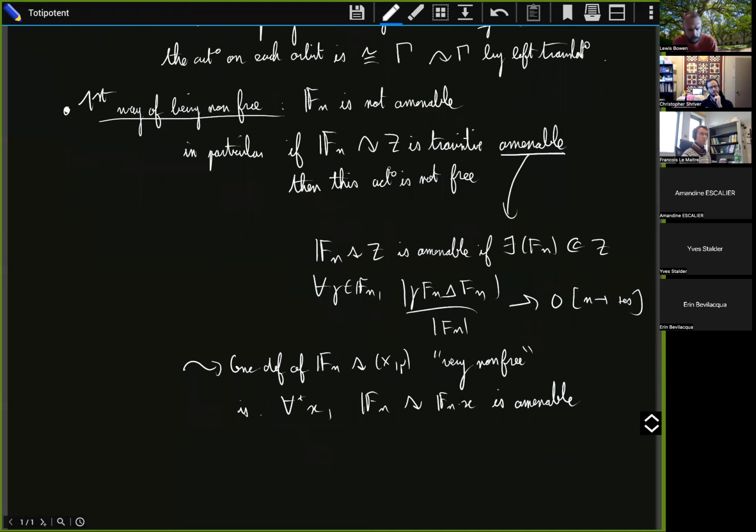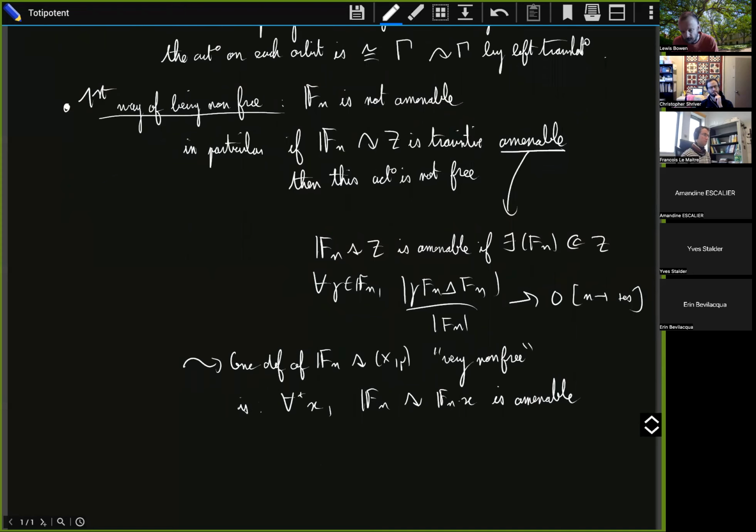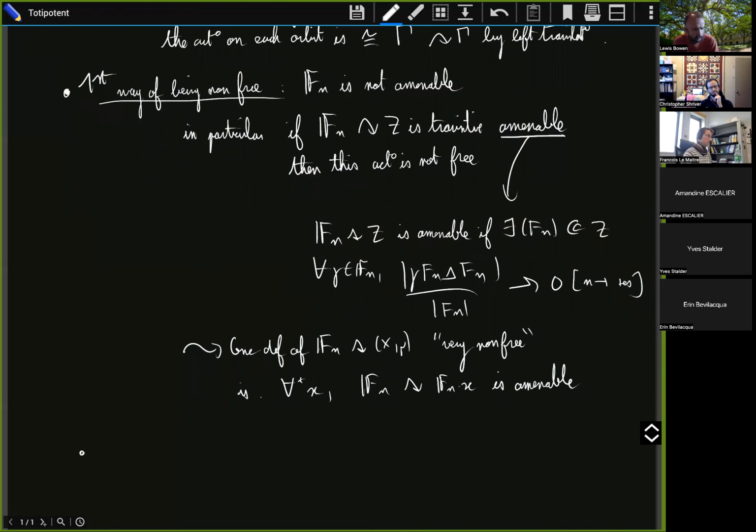So this is one way of being a non-free action. Another way, a second way, is this notion of high transitivity.